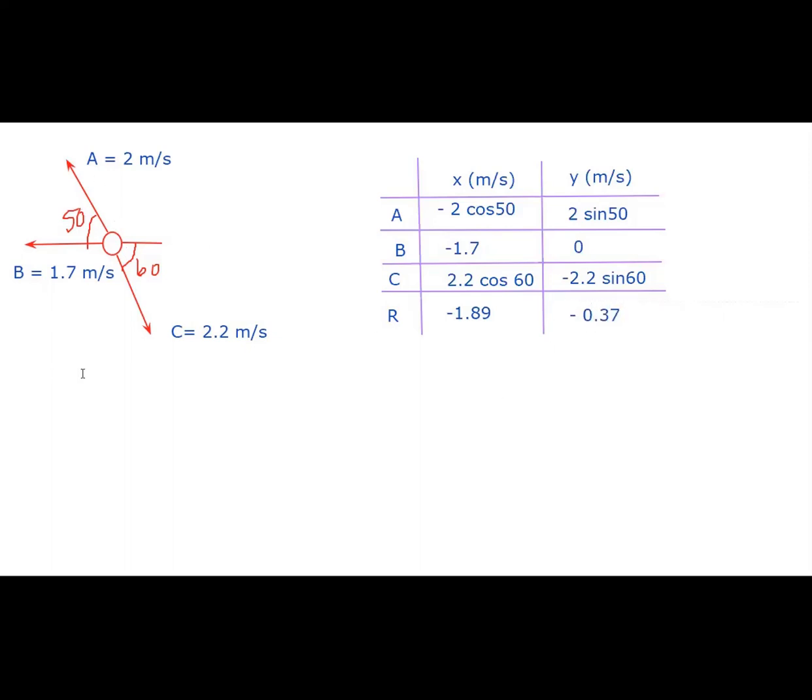So you can see we have a third quadrant resultant. Even though we don't even have a force in the third quadrant, our resultant is in the third quadrant. We have a negative X, negative Y, and our resultant goes from start to finish. So that's R.